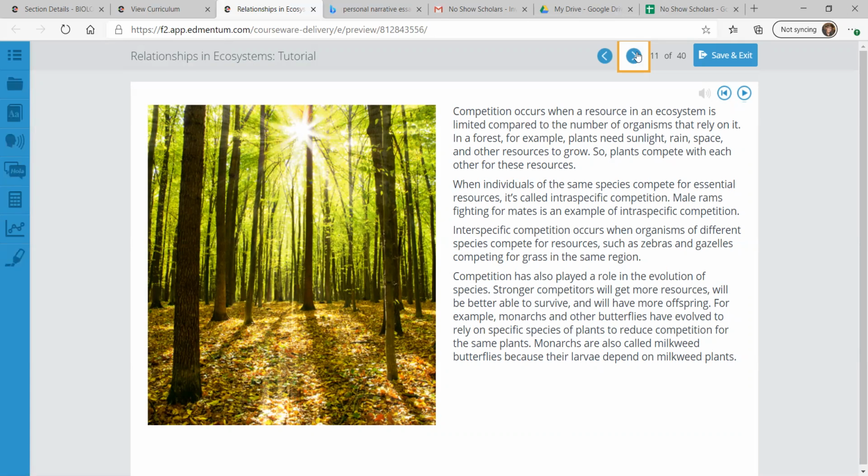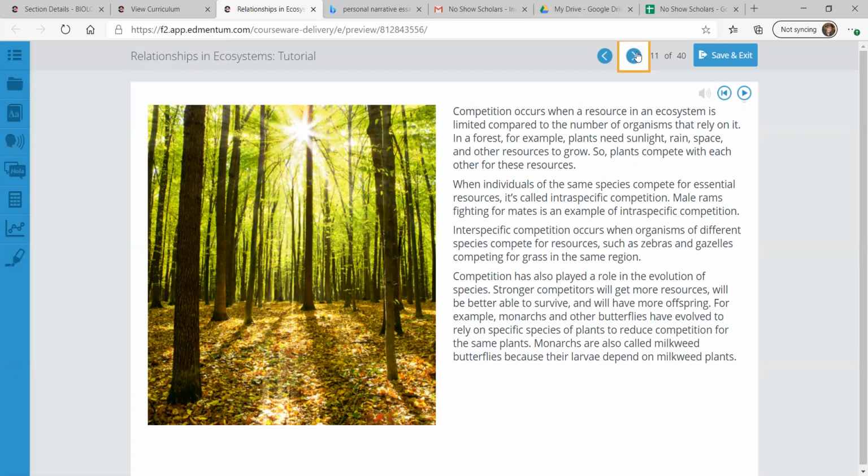So males in certain species are sometimes fighting other males to mate with the females. Interspecific competition occurs when organisms of different species compete for resources, such as zebras and gazelles competing for grass in the same region.